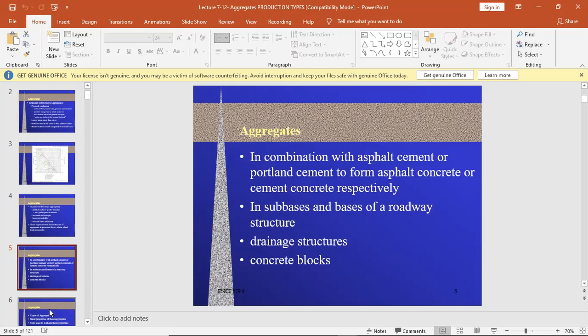Whenever we discuss road construction, we tend to forget the box culverts, the drainage structures, the flyovers. They are part and parcel; if they are not there, your highway structure is incomplete. Aggregates also contribute to those drainage structures, and last but not least, the concrete curb blocks you lay along a pavement.